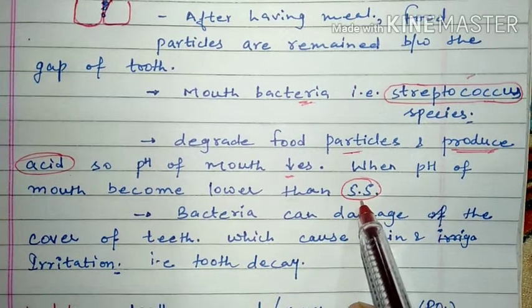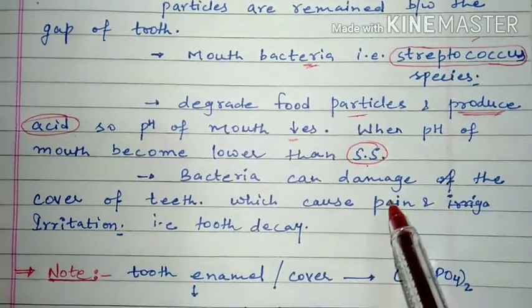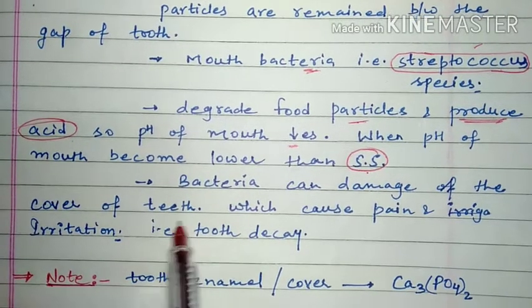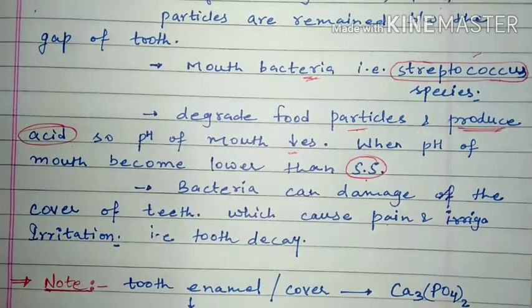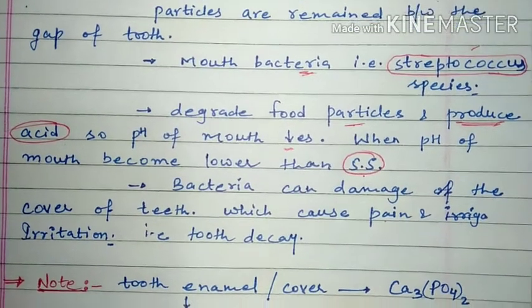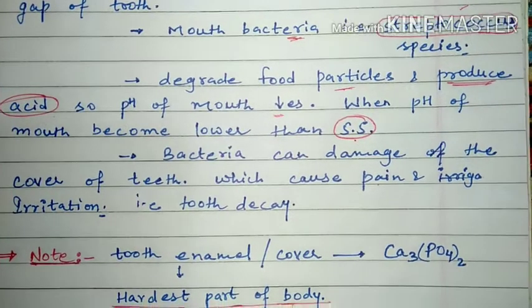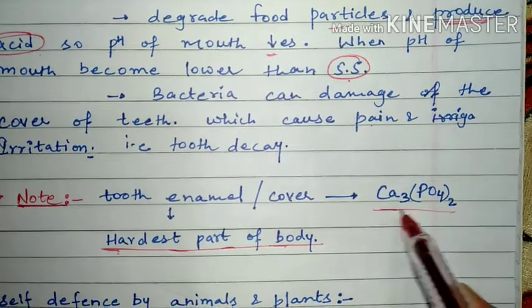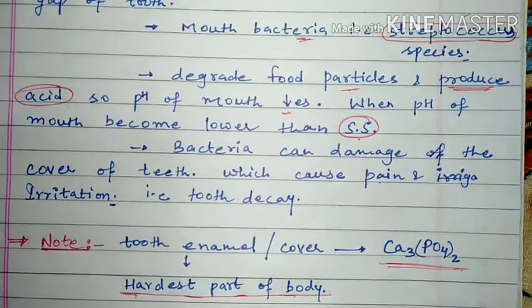Now the bacteria become more dangerous and can damage the cover of the teeth, causing pain and irritation. The tooth enamel is the cover of the teeth, the hardest part of our body, and it is made up of calcium phosphate. So that is all about tooth decay.